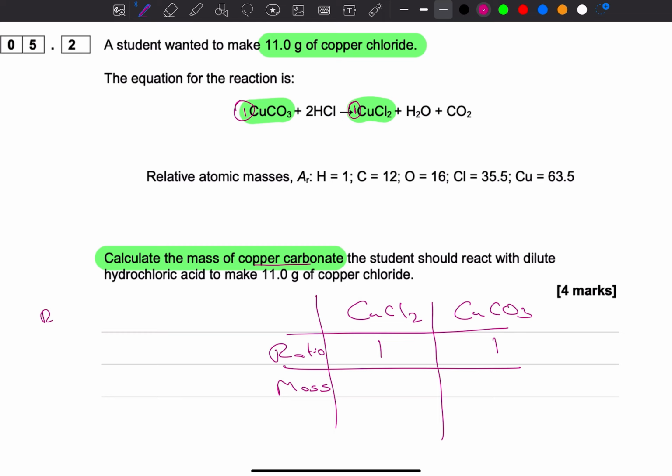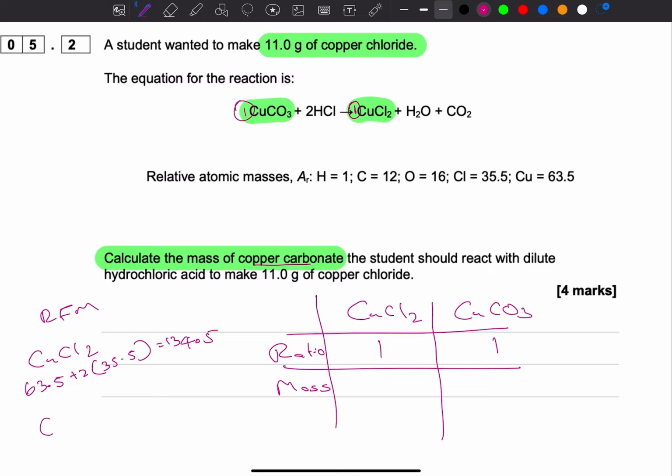So I need the relative formula mass of them. First CuCl2: Cu is 63.5 plus 2 chlorine, 35.5 each, which will give you 134.5.